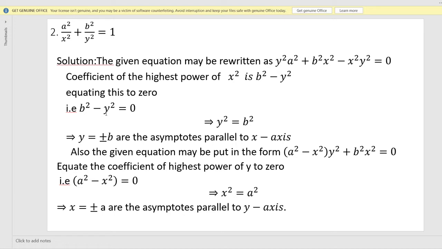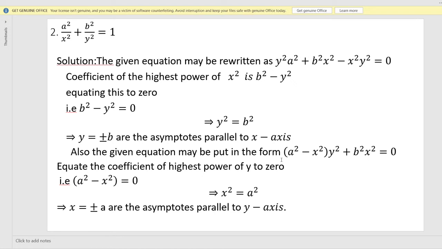Then solving b² − y² = 0, shifting to one side, y² = b². So y = ±b are the asymptotes parallel to the x-axis.